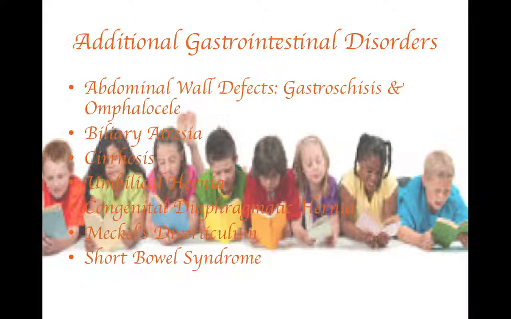Stools are light in color because of the absence of bile pigments, and hepatomegaly may be present from the pathologic process occurring, such as fibrosis of the liver. Failure to thrive and malnutrition eventually develop. Treatment involves surgery to correct the obstruction and allow for drainage of the bile from the liver directly into the intestines.